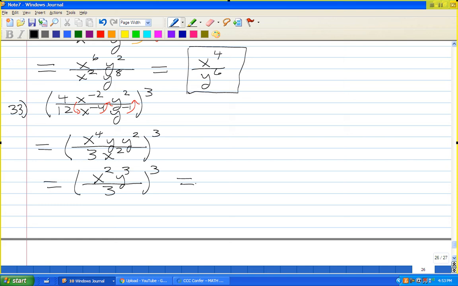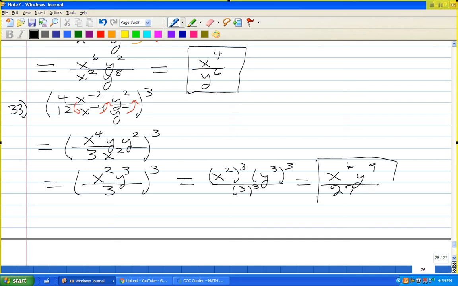Let's raise each of these to the power 3. And so 2 times 3 is 6. 3 times 3 is 9. 3 cubed is 27. And that is your answer. Okay. Let me do problem number 34.